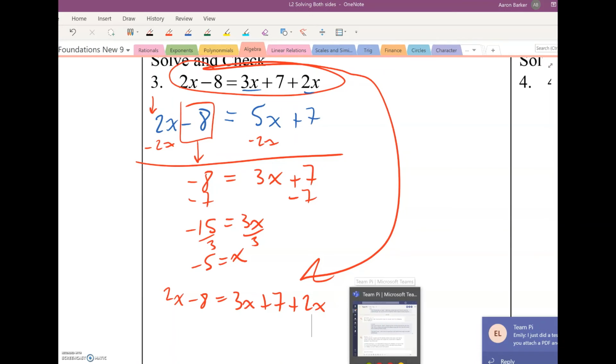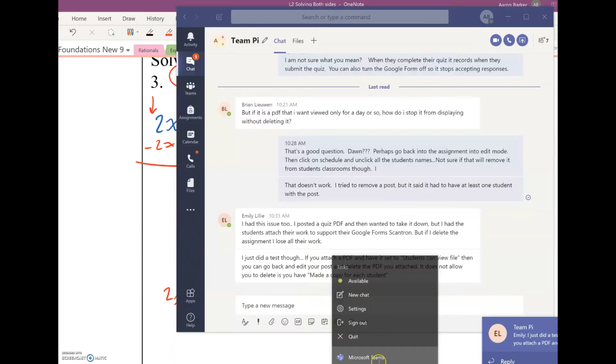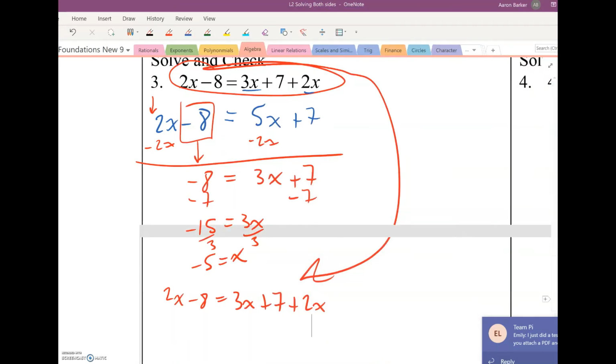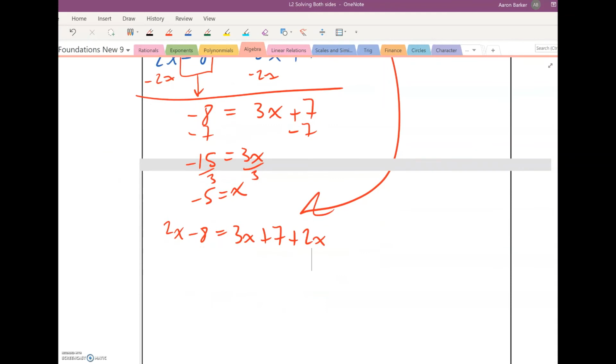Okay, and so we're going to substitute in using brackets, of course. Always use brackets when you substitute in. So where my x value is, it becomes a -5, a -5, and over here too, a -5.